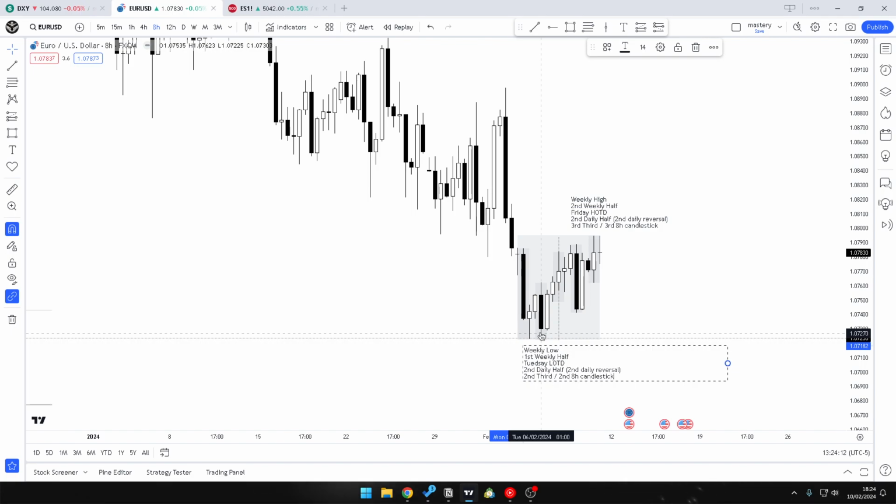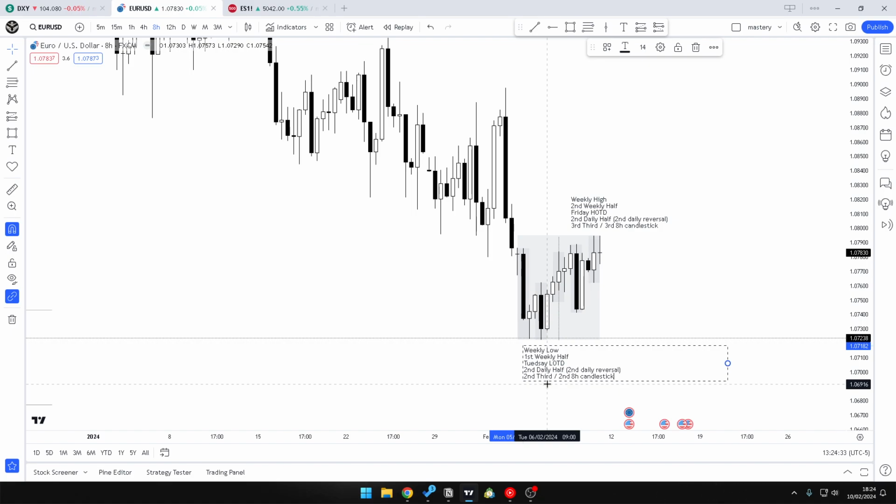By now I can already say that this low of the day was made on the 4 hour candlestick, because the second daily half only starts at 5, and the second third candlestick only starts at 1 till 9.